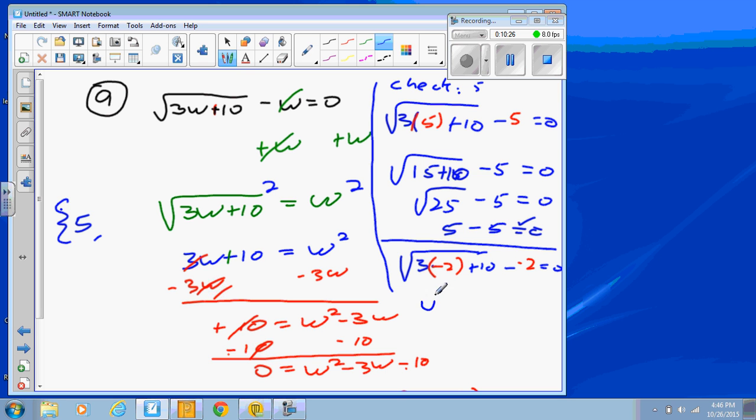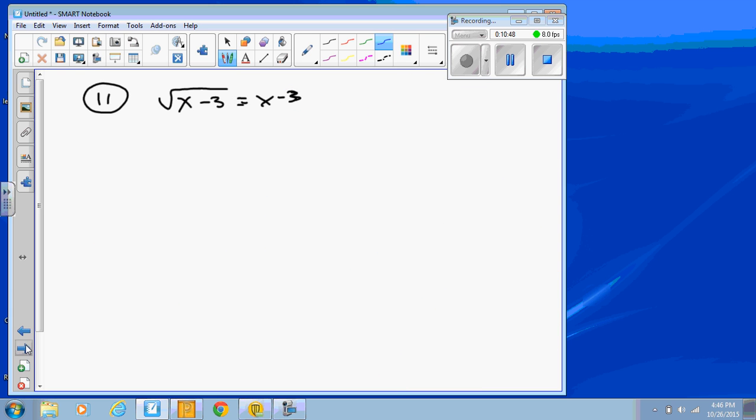So that becomes the square root of -6 plus 10 plus 2 equals 0, because minus a negative is plus. So that becomes the square root of 4 plus 2 equals 0. 2 plus 2 equals 0. No, it doesn't. That's not a solution. So there is only one solution to this problem, 5. All right, let's move on. Number 11.